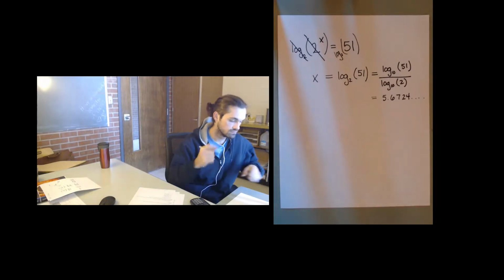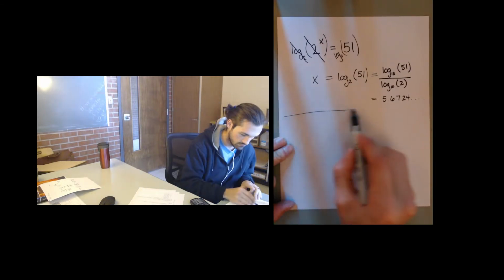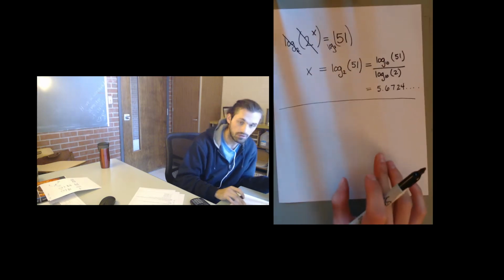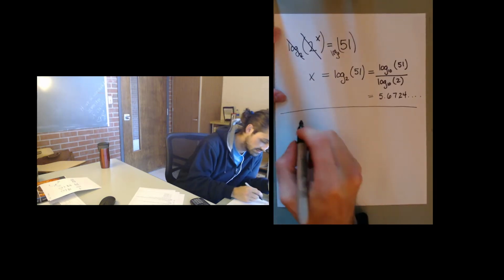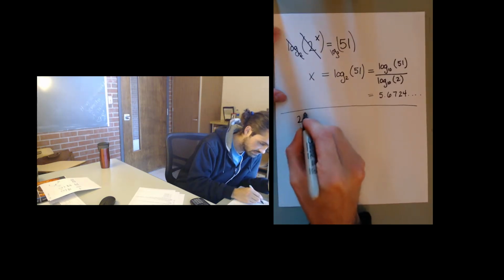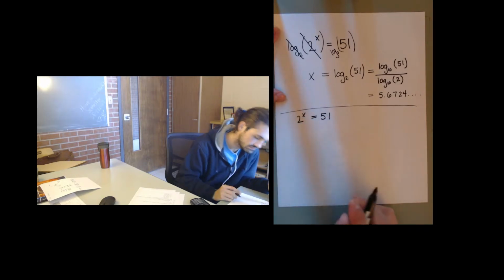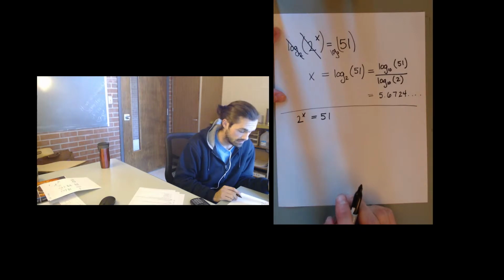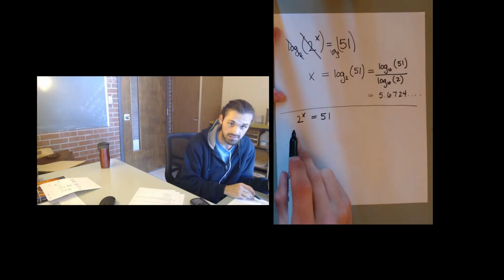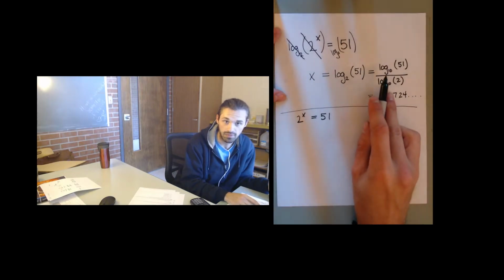Now, the book has you go through and solve this in a different way, so let's look at that route. 2 to the x equals 51. So, what the book wants you to utilize is only this log base 10.